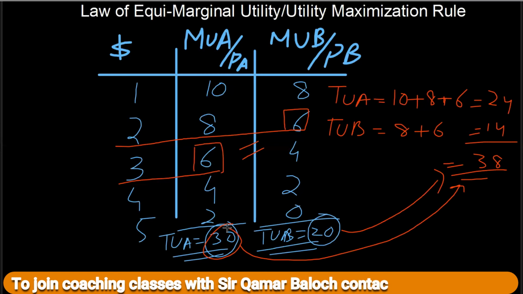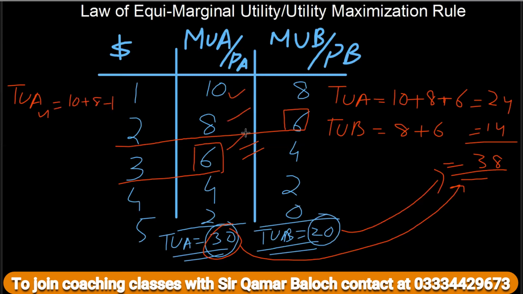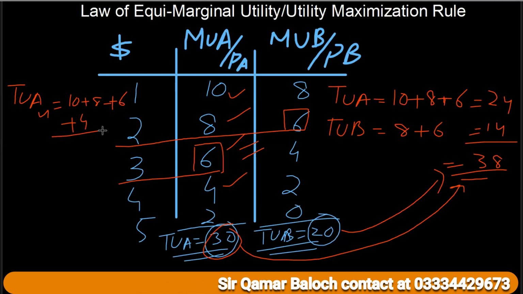Suppose the consumer spends $4 on product A, just to verify whether there is any other combination to get satisfaction more than 38. If the consumer spends $4 on product A, then total utility from product A for 4 dollars would be 10 plus 8 plus 6 plus 4. Total utility from product A would be 28.